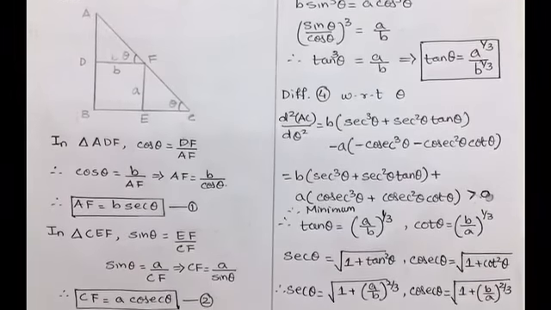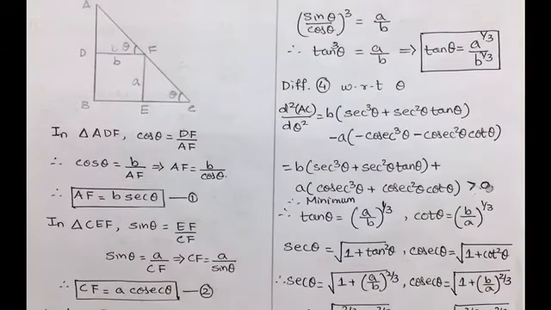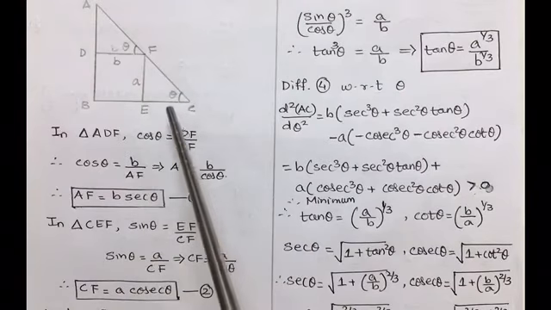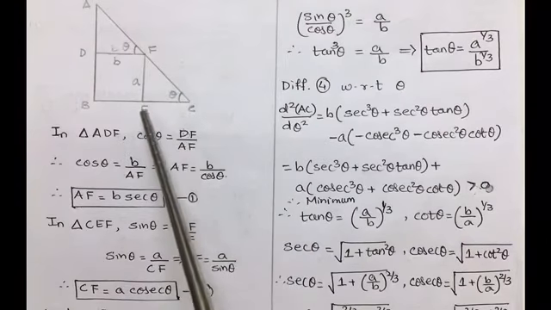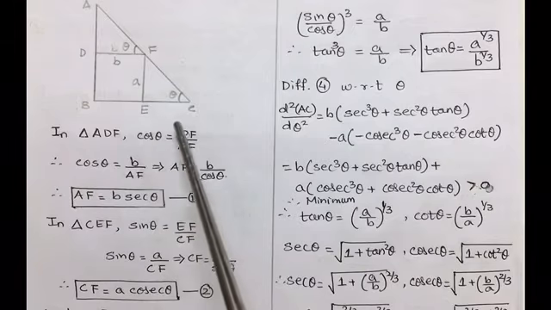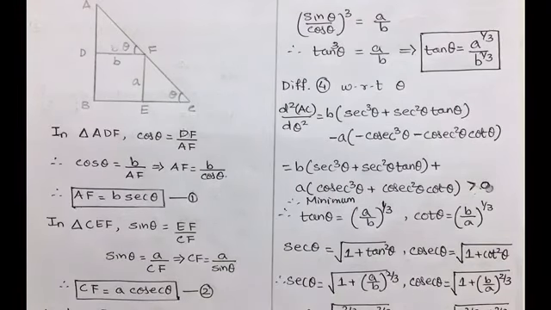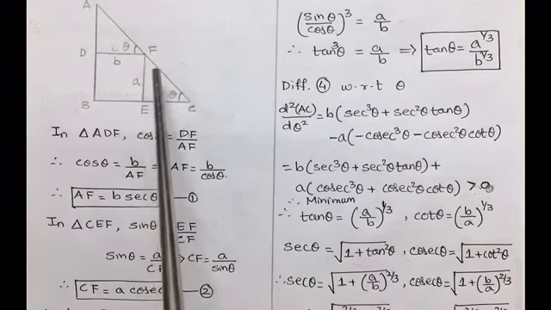Now taking up the second triangle, that is CEF. The perpendicular is EF, that is A. So taking sin theta, we get EF upon CF.